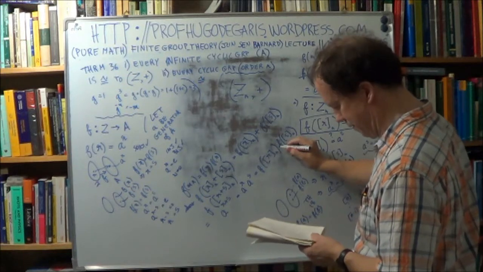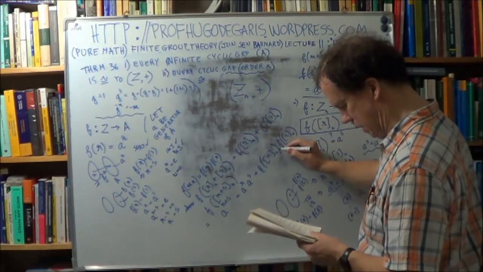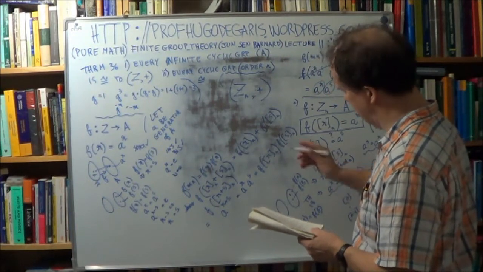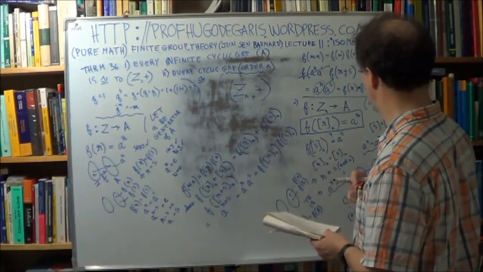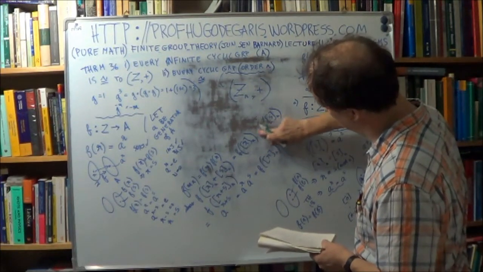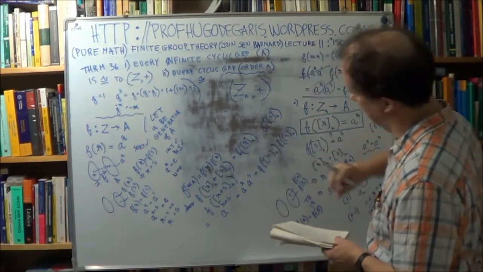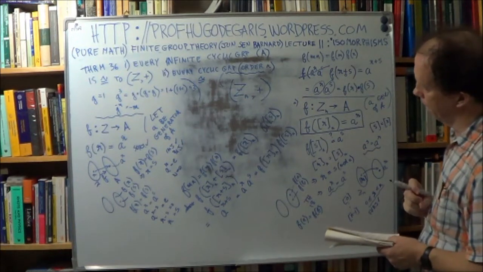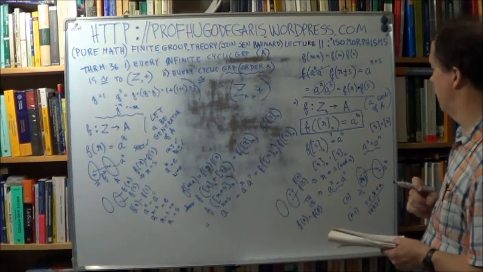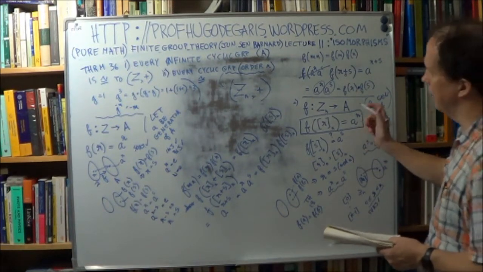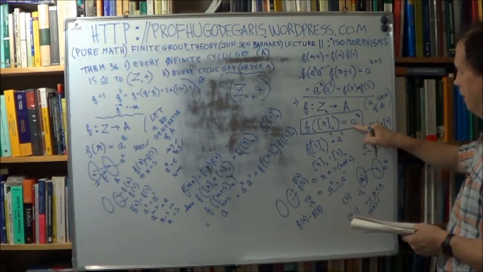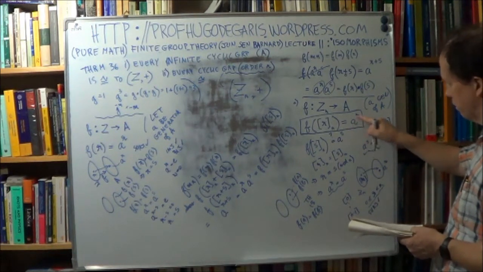Oh, it's a power. Yeah, okay. In this case, the binary operator here is multiplication, right?